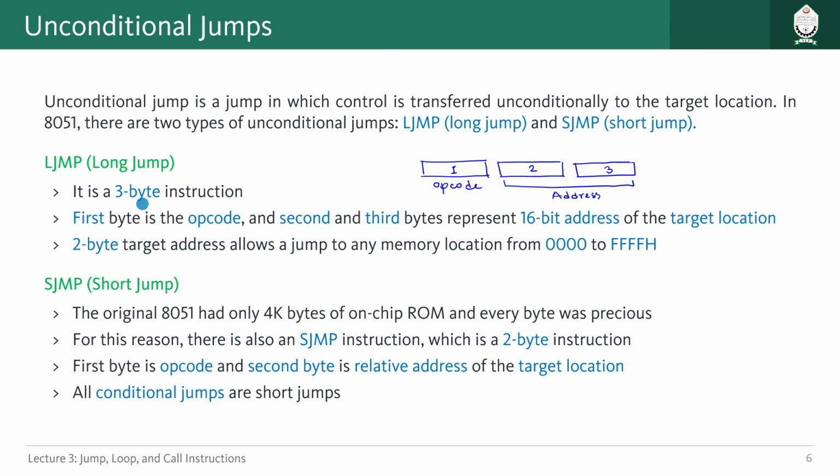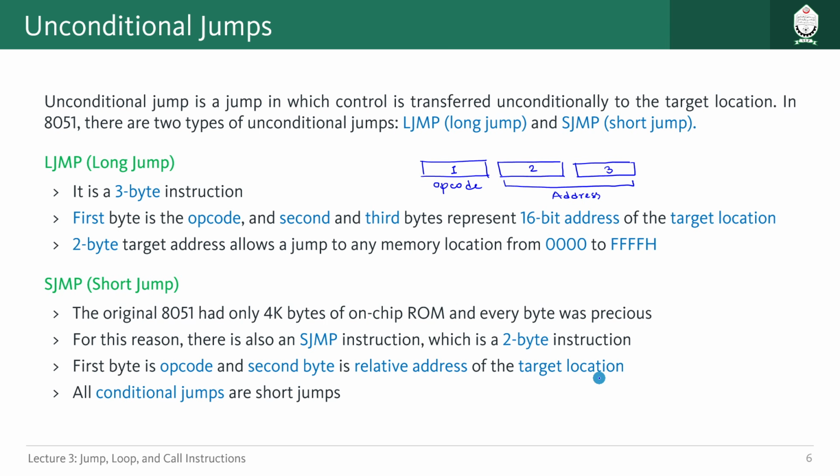So the idea was, can we make it more efficient? For that we have another instruction called short jump, which is just a shorter version of long jump. Instead of 3 bytes, we have 2 bytes. The first byte is always the opcode, specifically denoting what instruction it is. The next byte, the 8 bits, denotes the relative address of the target location.